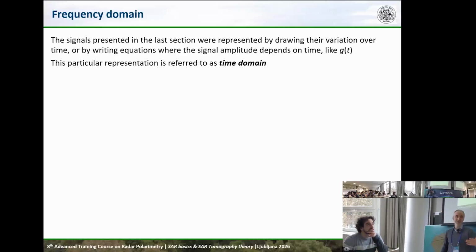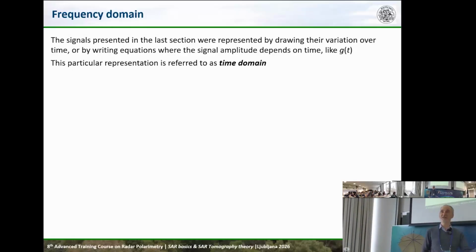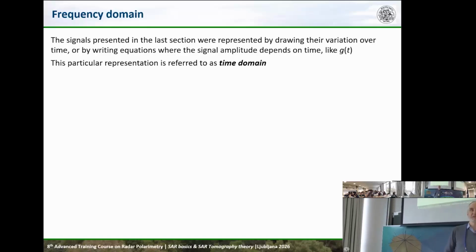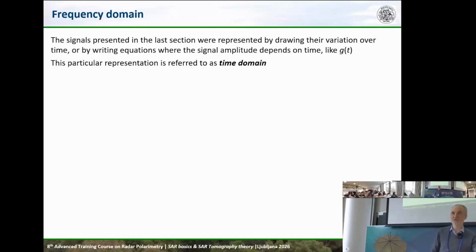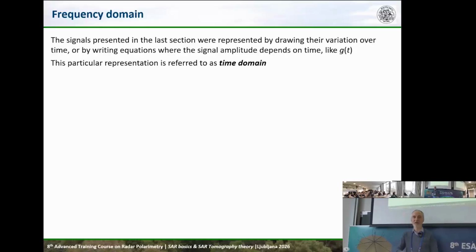If we do this, we say that we are representing the signals in the time domain, because we just imagine that a signal is something that at a certain point it goes up and then it does something and then it goes down. So it's a variation with respect to time.